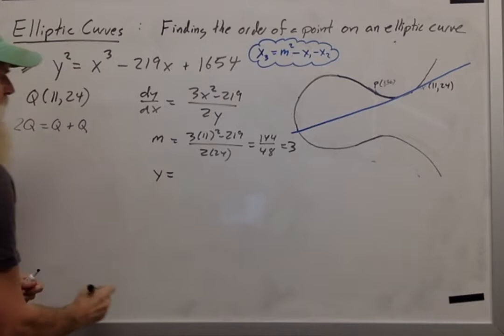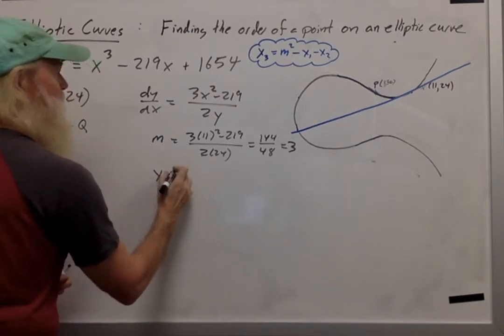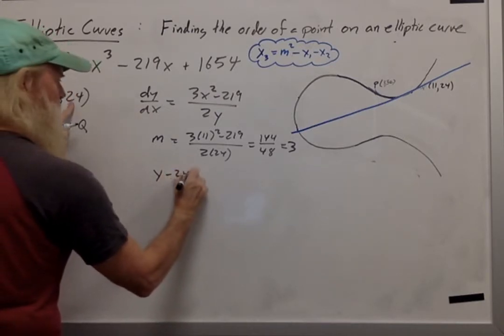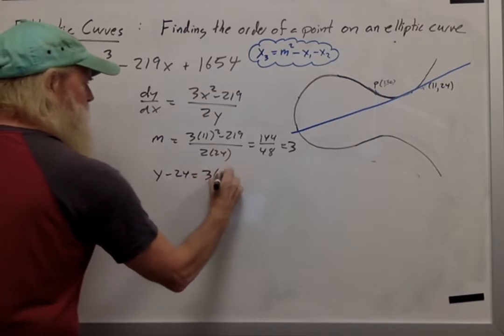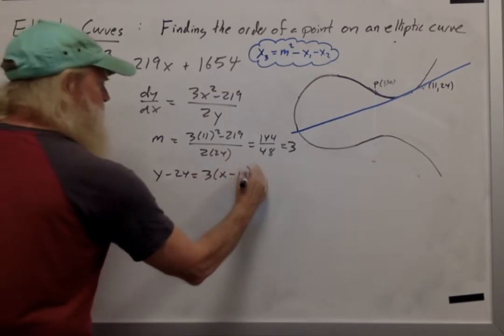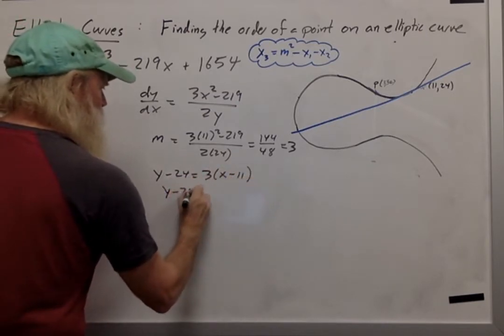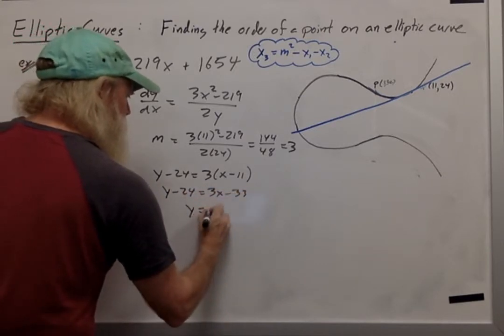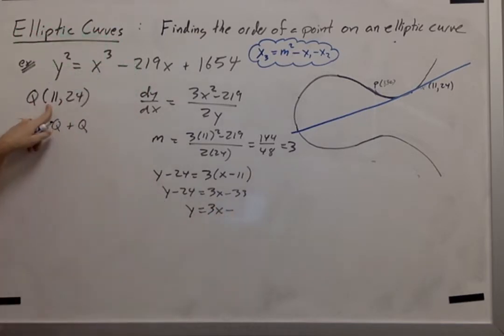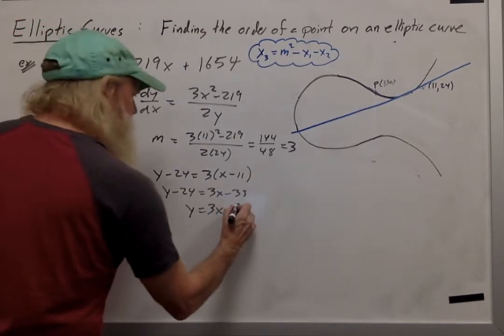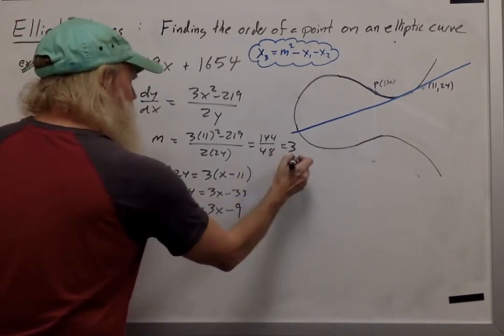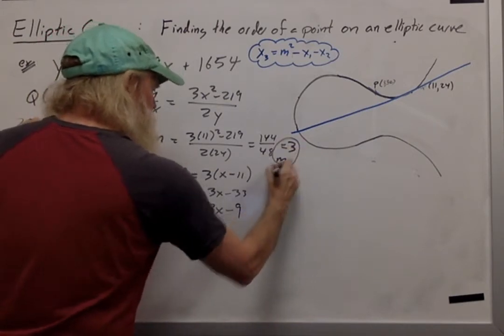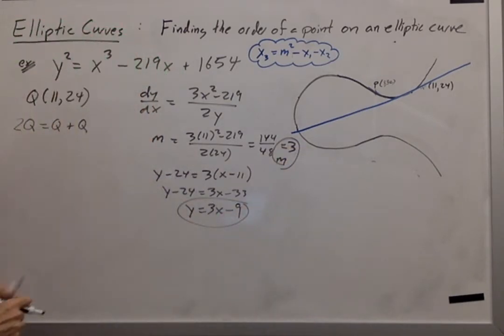So an equation for the tangent line is going to be y minus 24 equals 3 times (x minus 11). So y minus 24 is 3x minus 33. So y equals 3x minus 9. So here's the slope, and here's the equation for the tangent line.